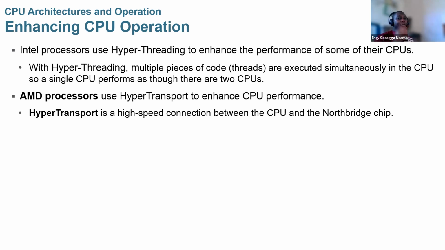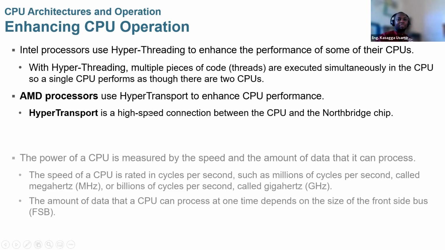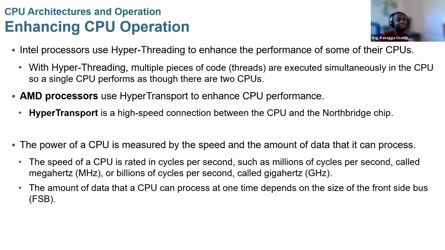These are all found in the different manufacturers. So at first you have the Intel processors, very fast machines, and then we have AMD processors. These are the different manufacturers coming up with different machines.